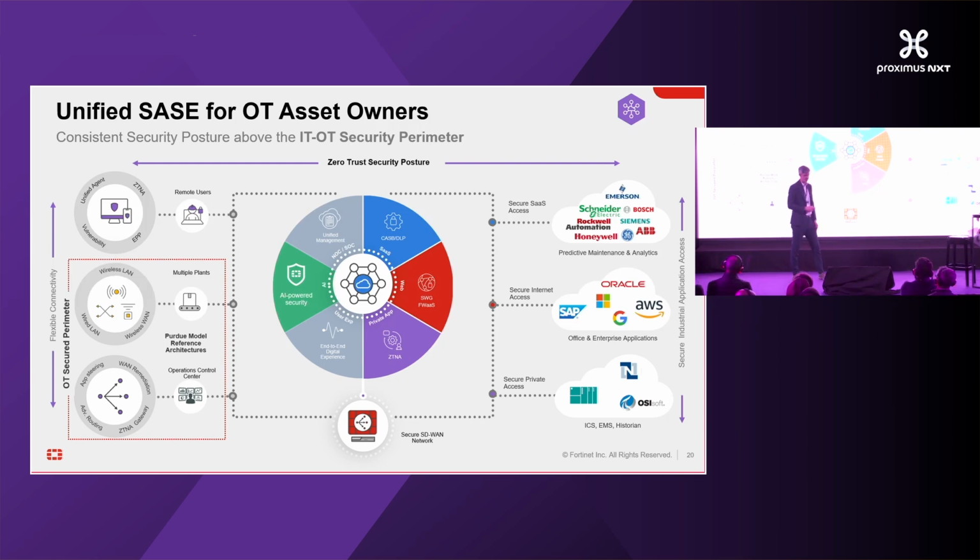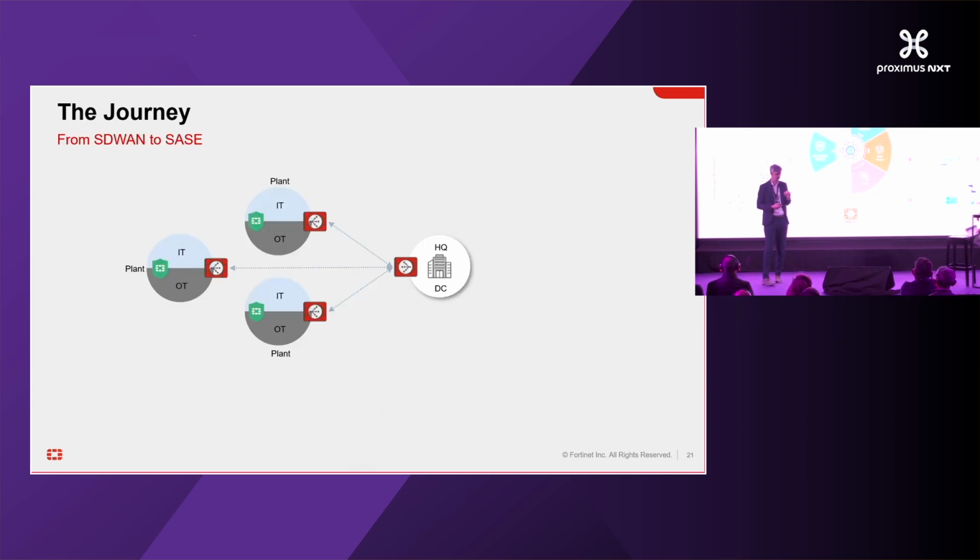Now that's a lot of information, I know that, but if you need to remember one thing about this slide: on the left you have all of your devices, your users, wherever they are, and your applications on the other side, wherever they are, if they are in your local data center, if you host them on a SaaS platform, if they are fully SaaS where you don't have any control over them, we can cover all of those use cases, and we can attach that on top of your existing SD-WAN infrastructure. That's a really important point, and that's the point that I really want to emphasize here.